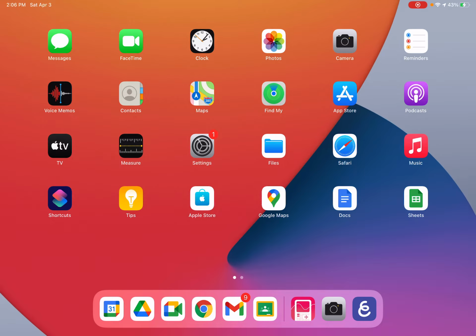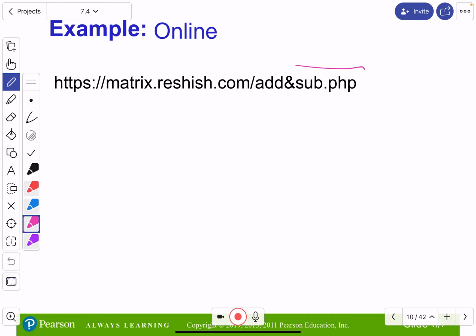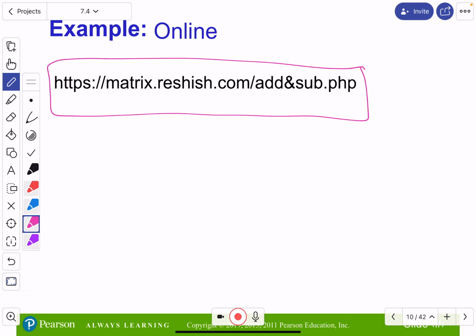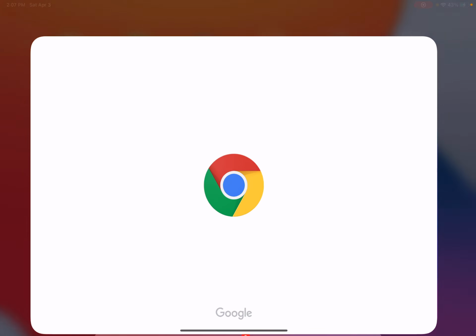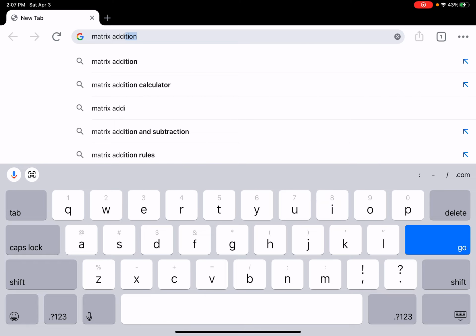If you don't have a graphing calculator, this website will let you do certain things. So I'm going to pull that up. Can I copy? This might not work. Let's see. Matrix Edition. Go.